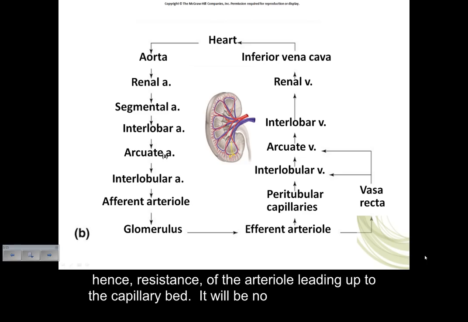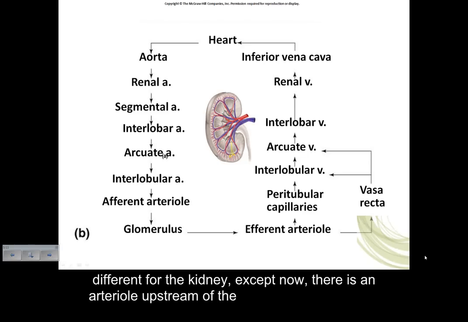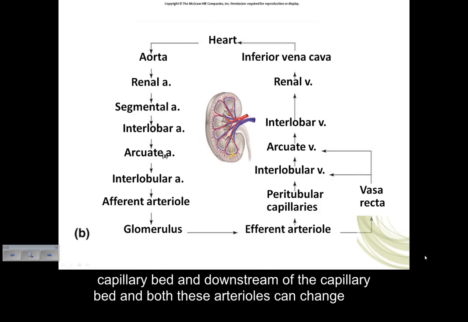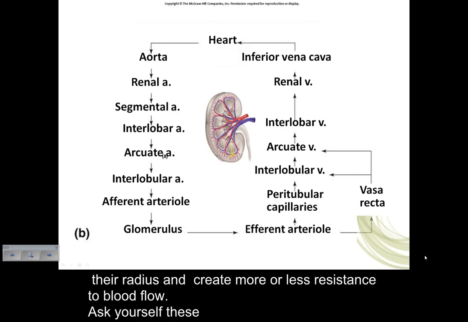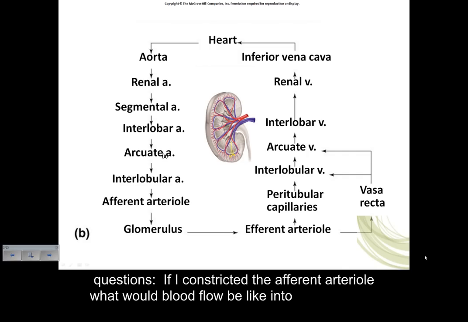You also learned that blood flow can be controlled by regulating the radius and hence resistance of the arteriole leading to the capillary bed. It will be no different for the kidney, except now there is an arteriole upstream of the capillary bed and downstream of the capillary bed, and both these arterioles can change their radius and create more or less resistance to blood flow.